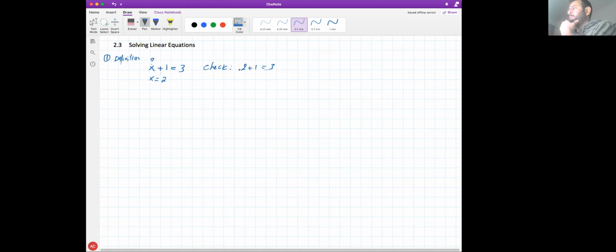Is it equal to 3? That's how we check. Then you simplify both sides. This is a simple equation, so 2 plus 1 is 3. This is 3 also. And that's it. So we just solved this equation, one solution only. And it took basically one step to solve, and we got the solution.